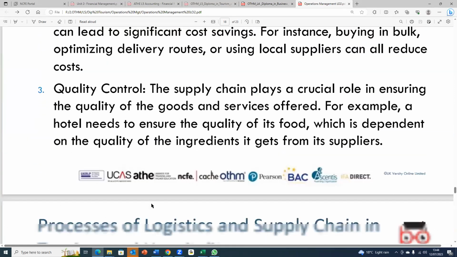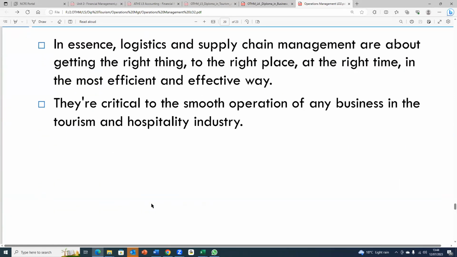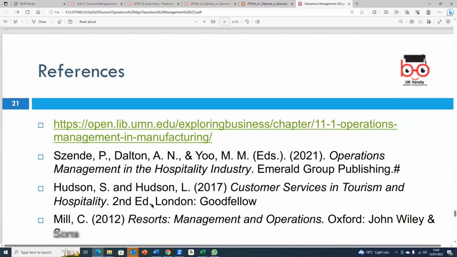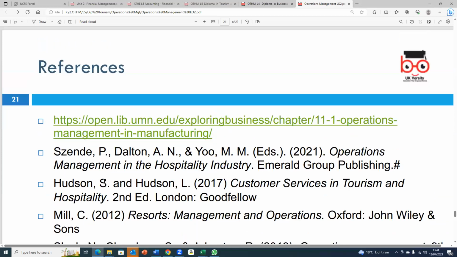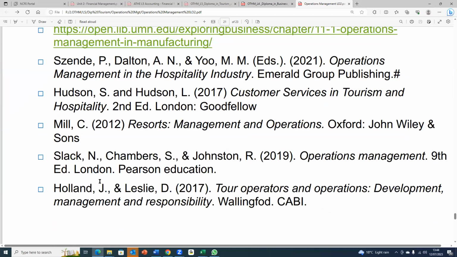Towards the end of the session, I'd like to say that you have lots of different references. You can look up Operations Management in the Hospitality Industry by Sanedi and Dalton, or Hudson and Hudson, Customer Service in the Tourism and Hospitality Industry, and Mill and Slack and Holland.